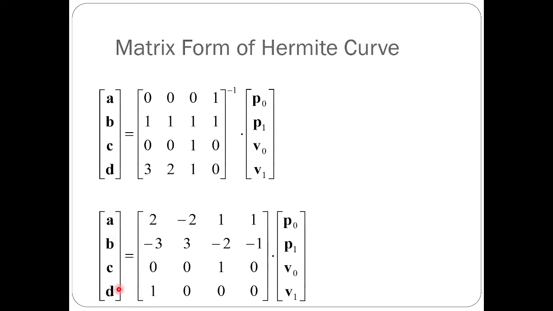Next, A, B, C, D equals 2, minus 2, 1, 1, minus 3, 3, minus 2, minus 1, 0, 0, 1, 0, 1, 0, 0, 0, times P0, P1, V0, V1. Okay, this is the matrix form of the Hermite curve.